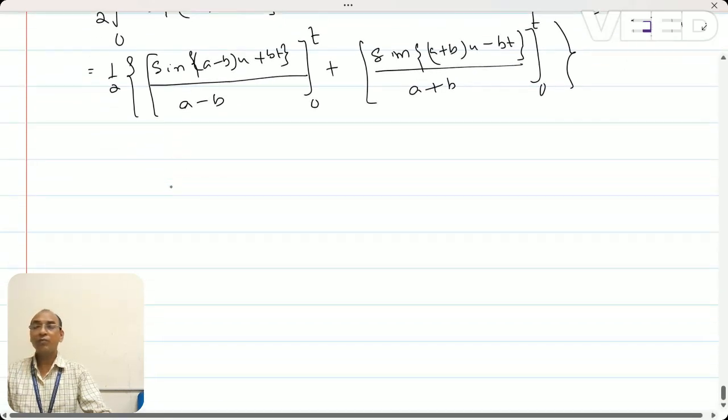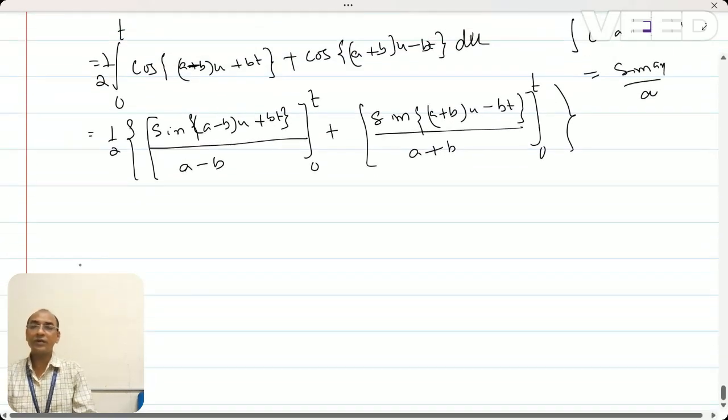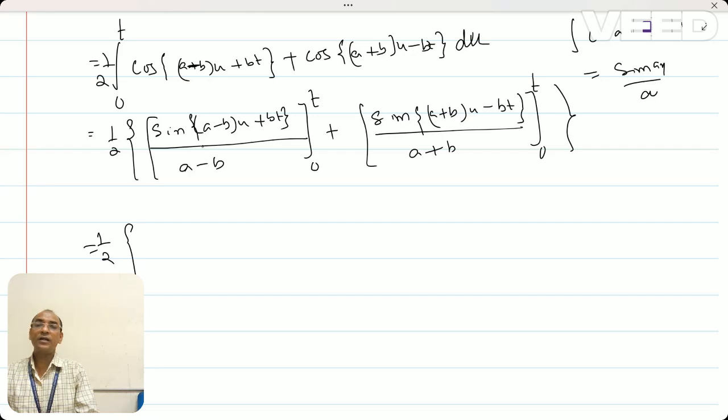Now if you put the upper and lower limit, we will simplify it, 1 by 2. Upper limit is t, so wherever u is there I will put t.